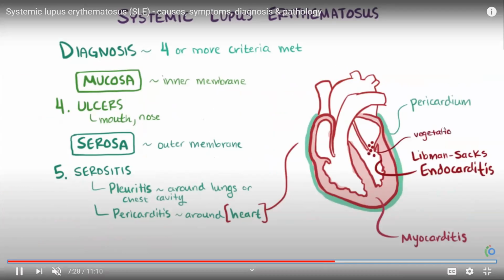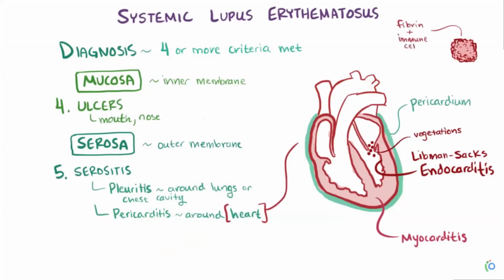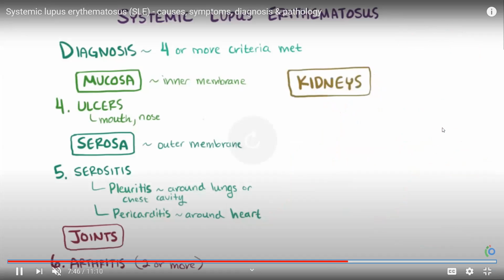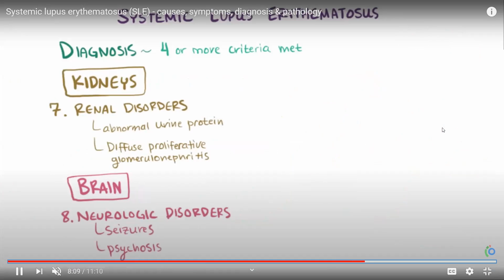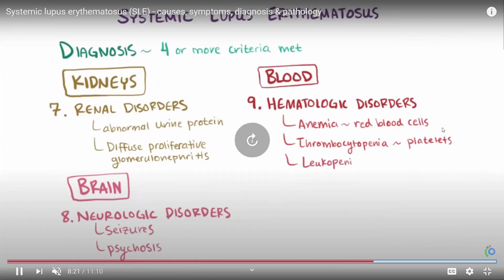See how it goes from the skin towards even the innermost organs of the body. Joints, kidneys, nothing is left out. Every part of the body is affected. Even the brain and blood.